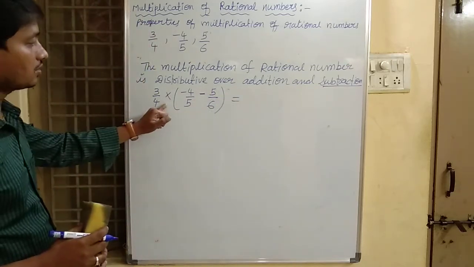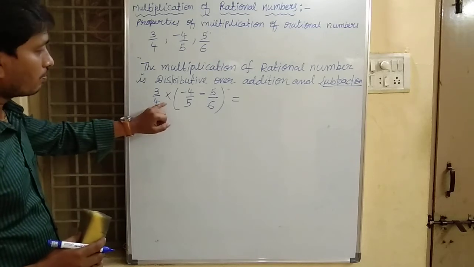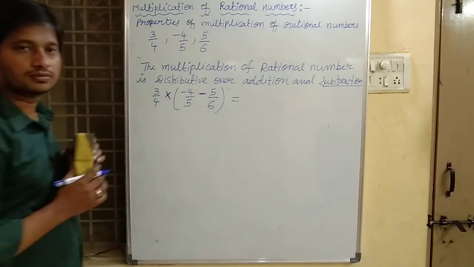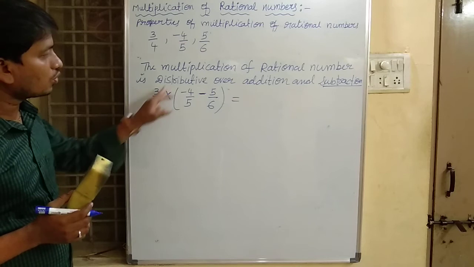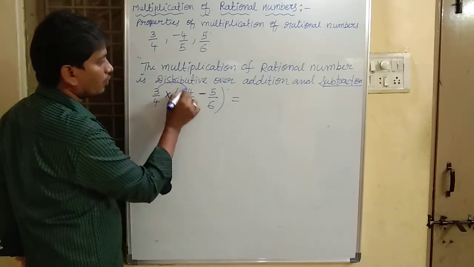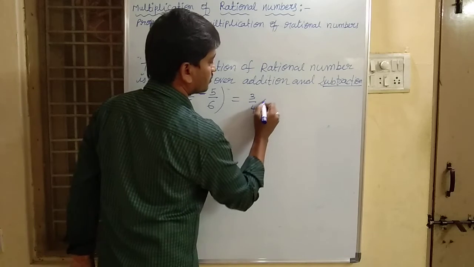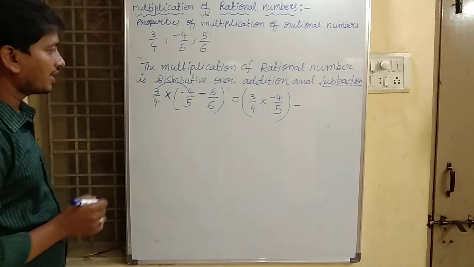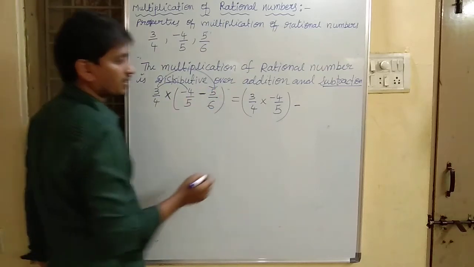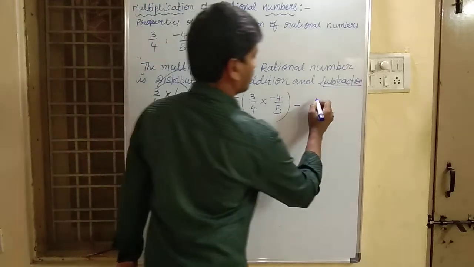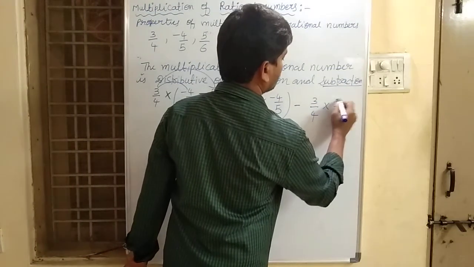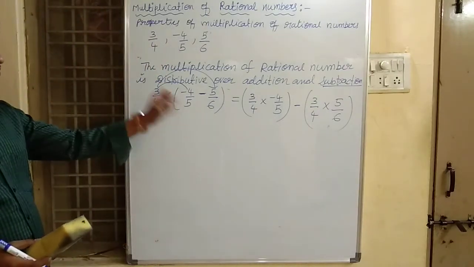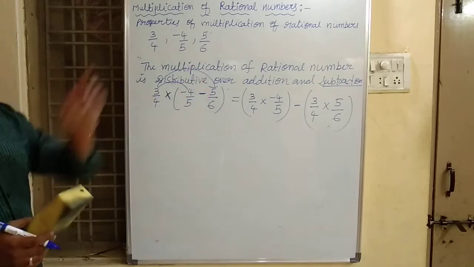See, this is multiplication. Distributivity of multiplication over subtraction. Here multiplication, here subtraction. So 3 by 4 into minus 4 by 5, minus 3 by 4 into 5 by 6.